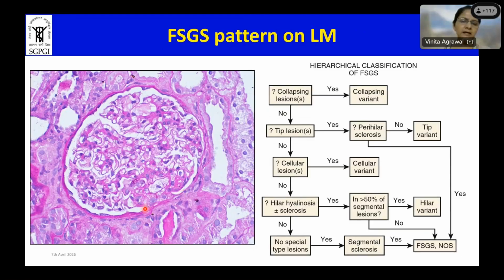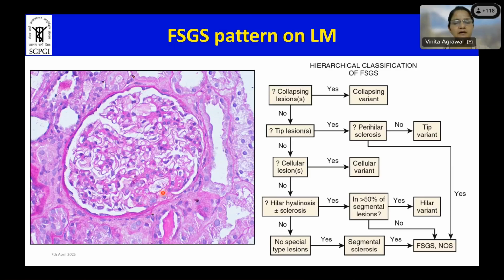Every one of you can see that. This is normal and this is adherence, and you can also see a foam cell here. So this is focal segmental glomerulosclerosis in this biopsy because we did serial sections and tried to look for it. If we had not done serial sections, we would have missed focal segmental glomerulosclerosis in this.